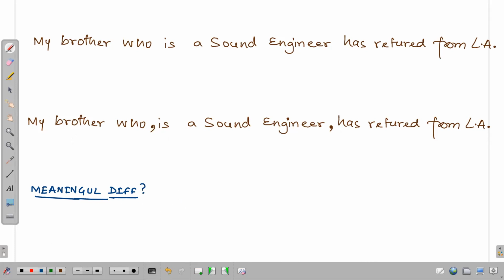If you're not able to find out, if you're wondering whether it is emphasis that I'm creating, no, it's not the case. There is a meaningful difference. I'll give you a hint. One sentence implies I have only one brother, and the other sentence implies I have more than one brother.